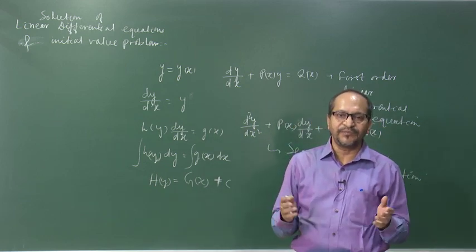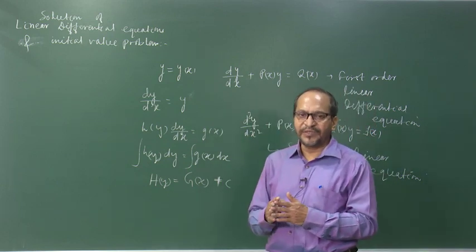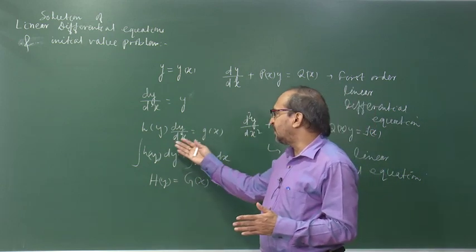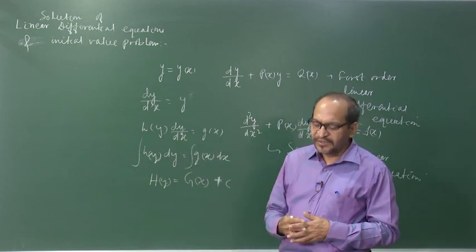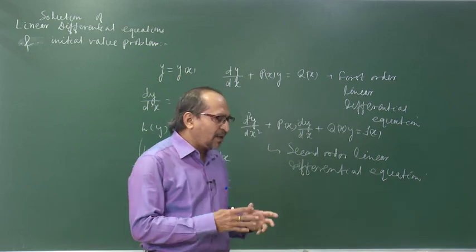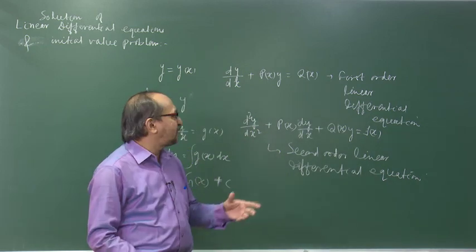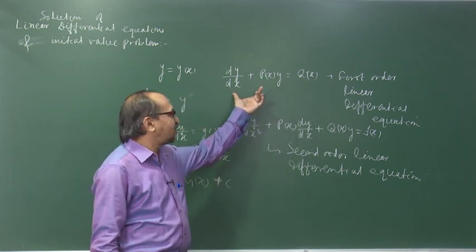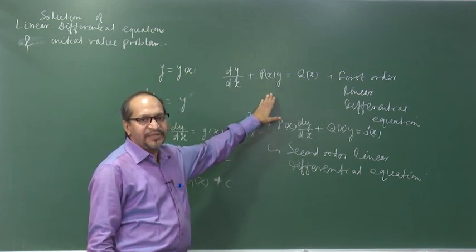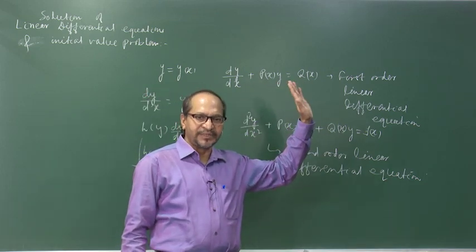By multiplying the differential equation by an integrating factor, we can convert it to the separation of variables form and find a solution. Our general form of first order linear differential equation is this: any first order differential equation that can be written in this form is called a first order linear differential equation.